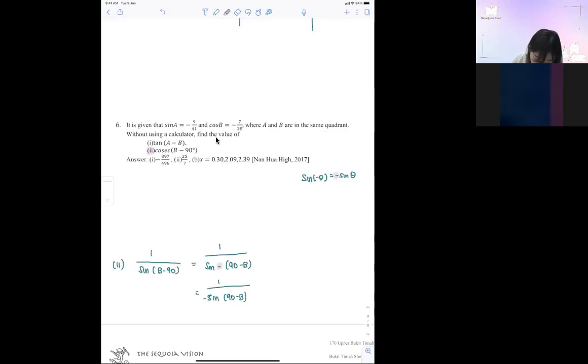Sine(90 minus theta) is cosine theta, so we have cosine b here. I can just copy now. Minus 7 over 25. You left with minus 25 over 7. That's it. Okay, then you do part A for me.